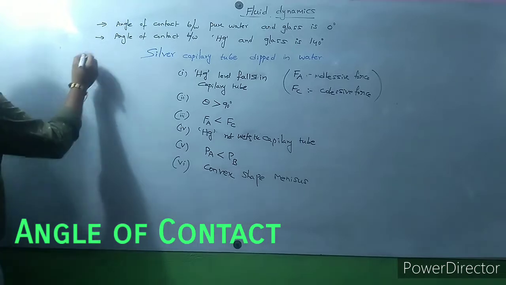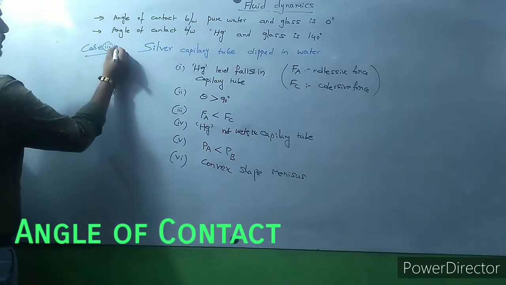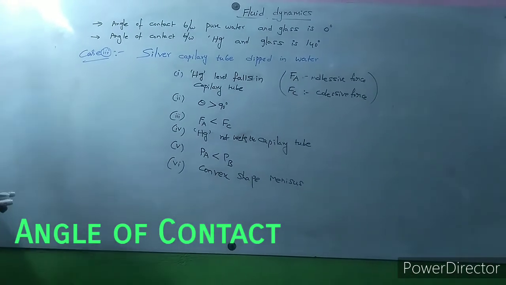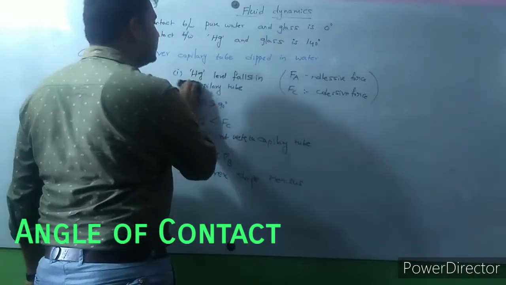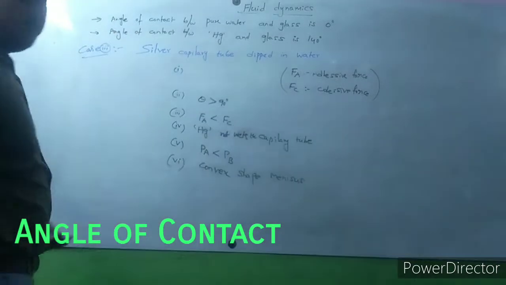This is case 3. So here the Hg level is here. Silver capillary tube dipped in water.